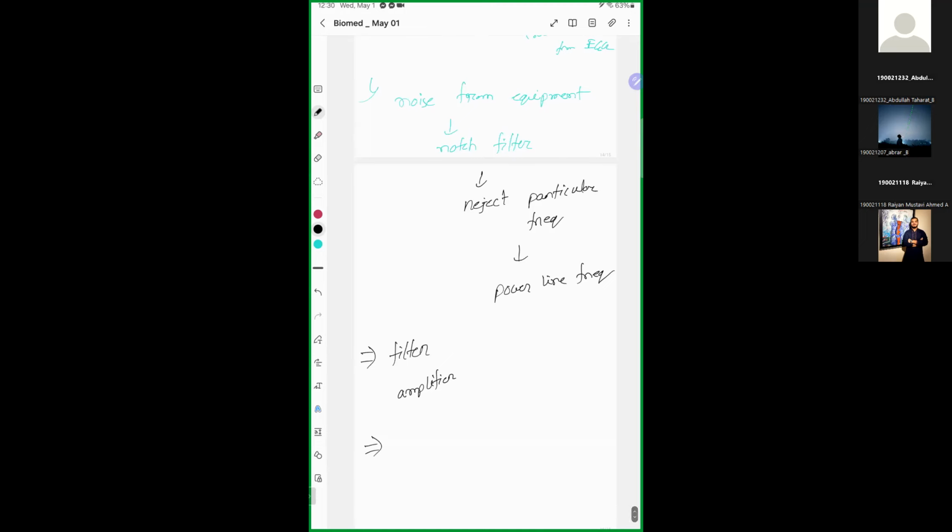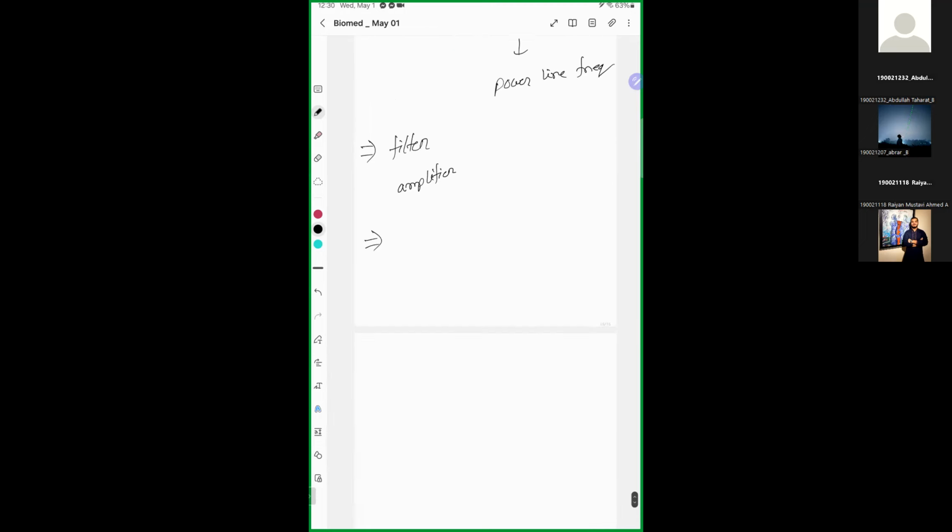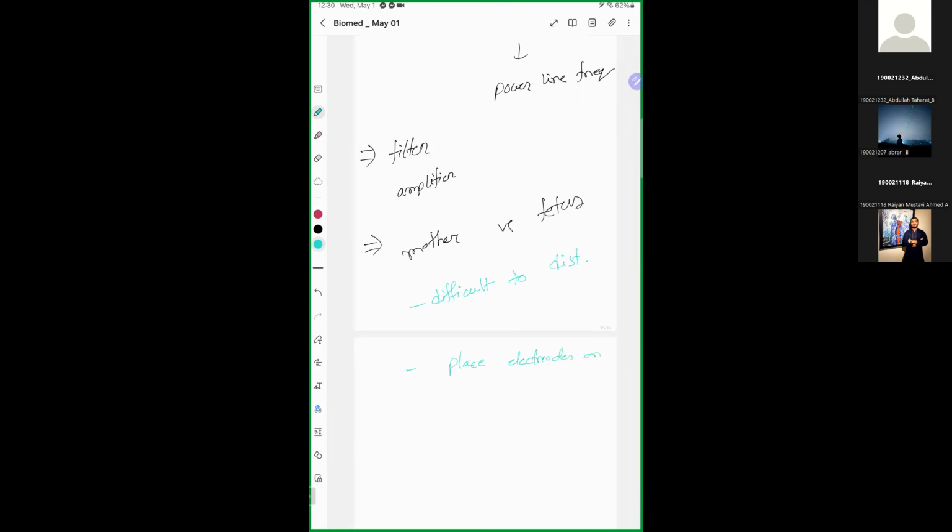Now, the other thing that I mentioned a little bit earlier: mother versus fetus. This is an issue because they are usually very difficult to distinguish, because the fetus is very closely placed. You place your electrodes on the abdomen of the mother.